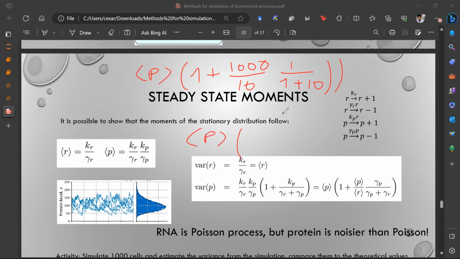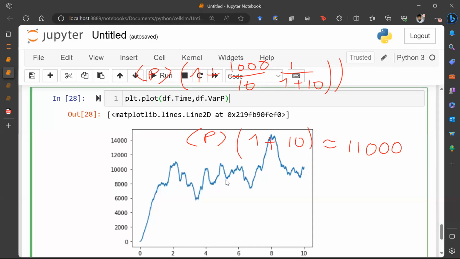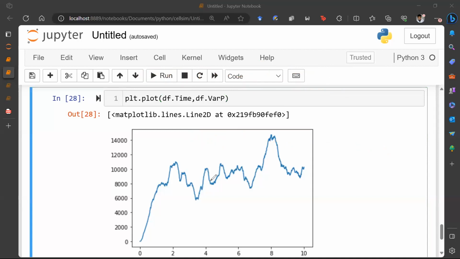Expected value of P times 1 plus 10. It's going to be approximately 11,000. Yeah, that's the thing we see here. Yeah, the variance is approximately 11,000, but with more samples we can check it. This is approximately 10,000.